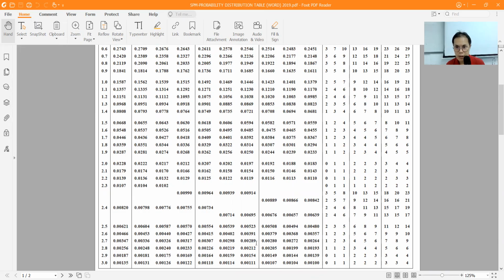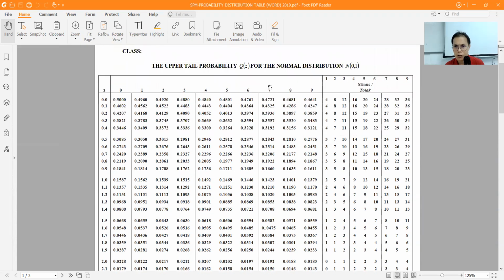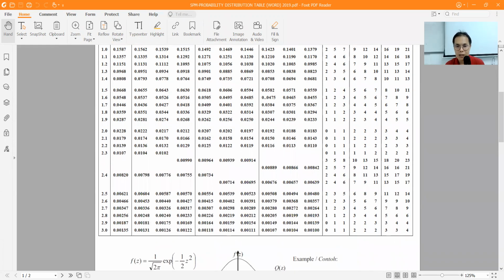0.00289. Okay, the last digit is 9. So you have to go across and minus 9 from the last digit. So I got 0.0028.